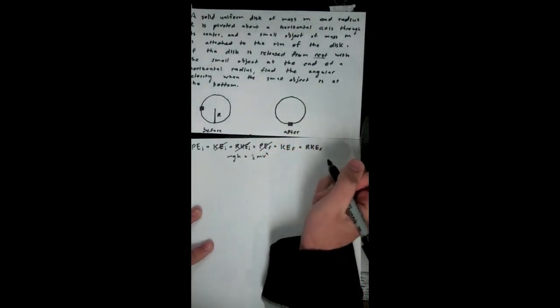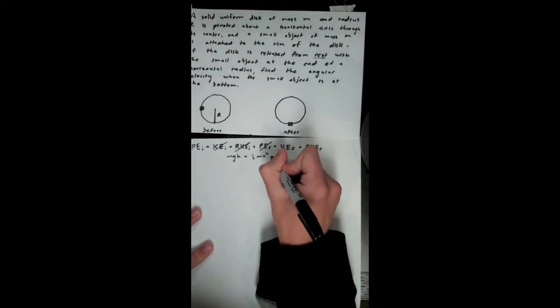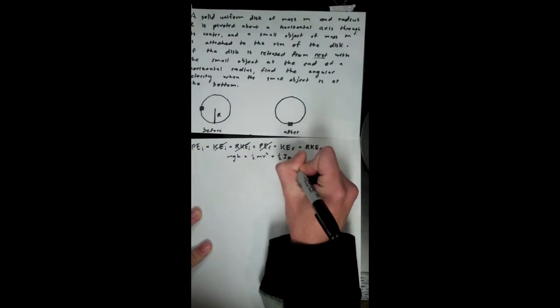And the rotational kinetic energy, this is of the disk, is equal to 1/2 I omega squared.